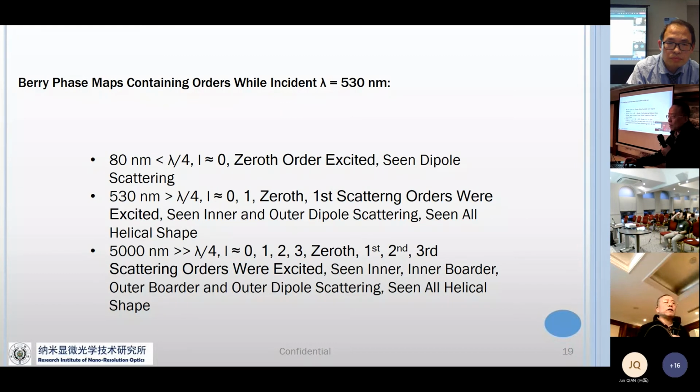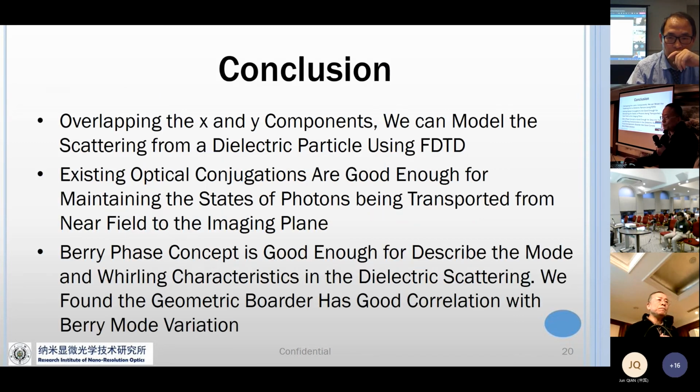In conclusion, in this measurement, we measured things much smaller than the diffraction limit. A quarter wavelength is about 250 nanometer. Some are about the diffraction limit, and some are much larger than the diffraction limit. So across the whole range, we can do the real vector beam imaging.